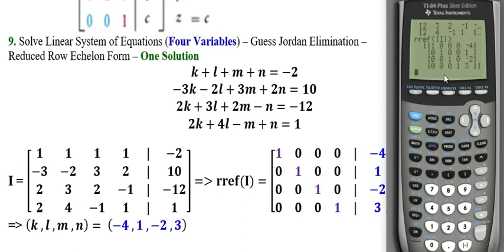And here is the solution. 1, 1, 1, 1 in the diagonal, 0 above the diagonal, 0 below the diagonal, augmented with minus 4, 1, minus 2, 3. That means K equals minus 4, L equals 1, M equals minus 2, N equals 3.